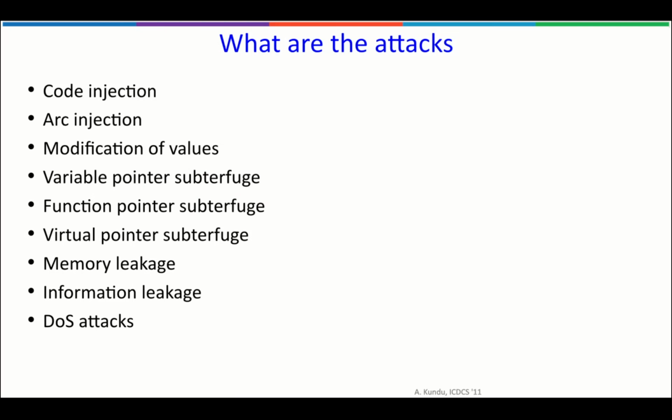You can start, let's say, an integer at a different alignment, and by doing that, you're leading the system to think that there is a different value. That will lead the program to crash or behave in an undefined manner. So a denial of service attack can be carried out.